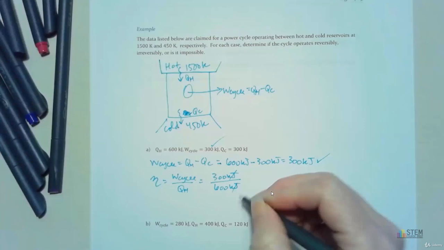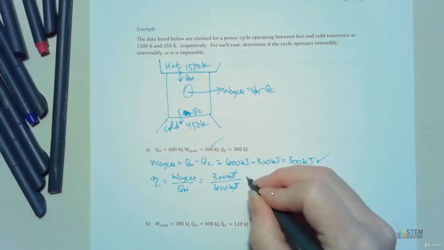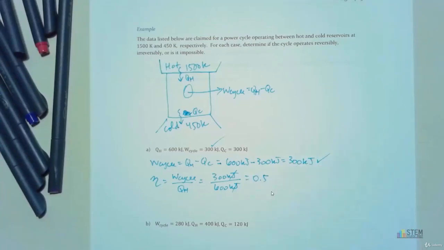Again, notice your units cancel here. Eta is going to be unitless. That gives us 0.5. Now, we need to know if this is operating reversibly or irreversibly. The way you're going to do that is you're going to find the max efficiency, and then we will compare our efficiency to that.